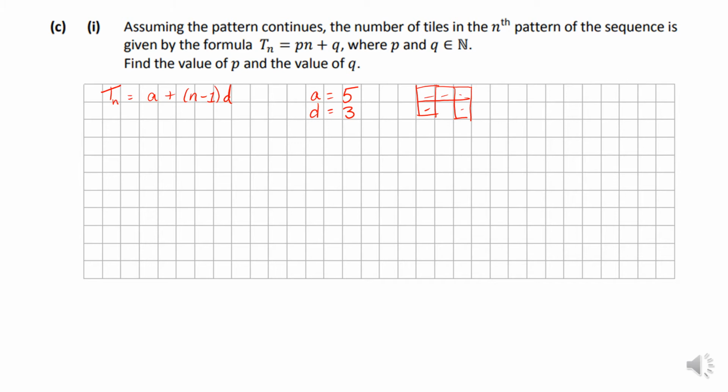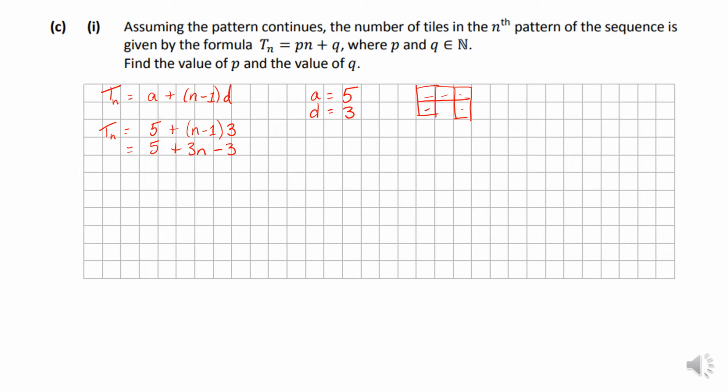So we're going to fill the values we have into our Tn formula. We'll put in 5 for A plus n minus 1 times, multiply that by 3. Let's multiply and simplify. So 5 plus 3 times n is 3n, and minus 1 by 3 is minus 3.